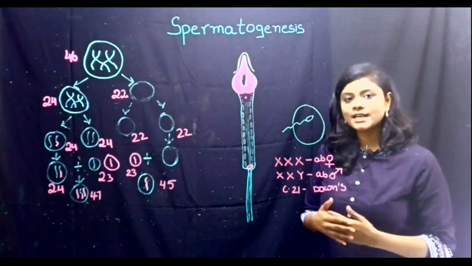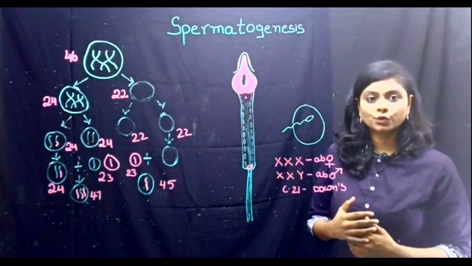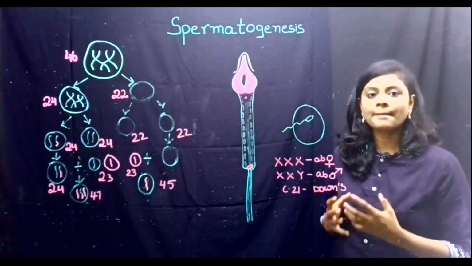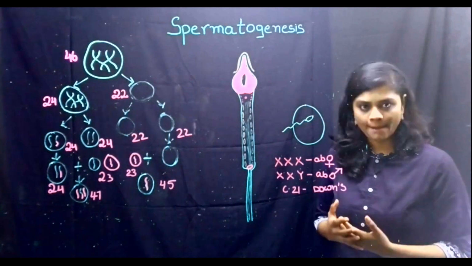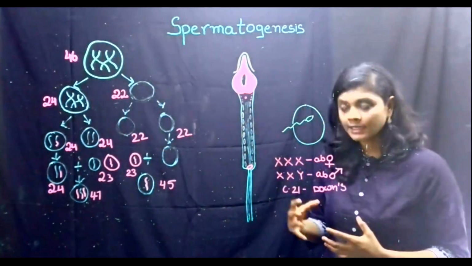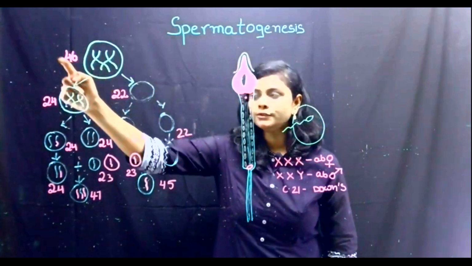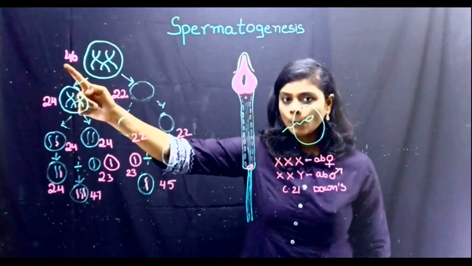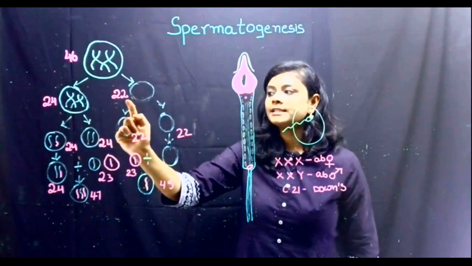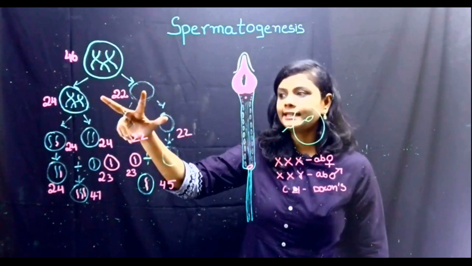What is actually happening in trisomy and monosomy is that during the formation of the gametes, the reproductive cells, there will be abnormal meiotic divisions. When I have said that there are 46 chromosomes, they should undergo meiosis and give rise to 23 and 23 chromosomes, haploid sets, equally.